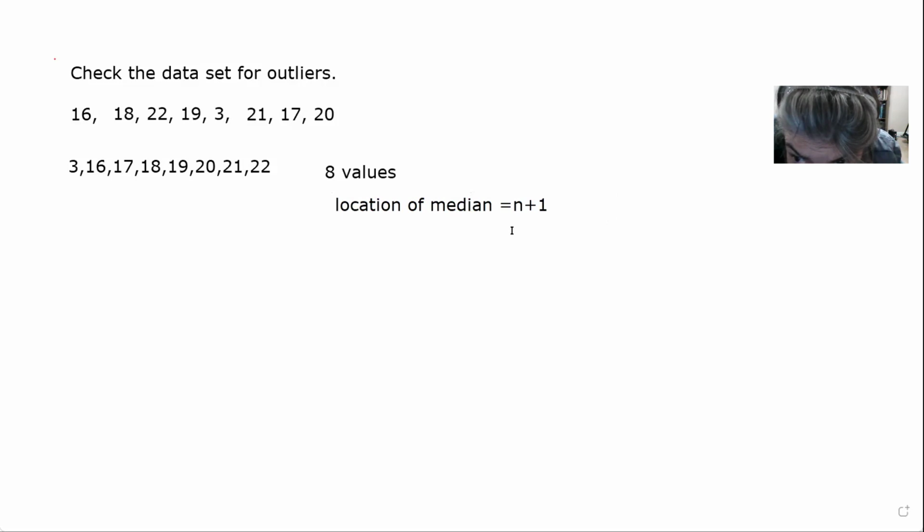And if it's two middle numbers, and I do have two middle numbers here, then I have n over 2 as well, right? So I've got 8 over 2, which is 4. So this first middle number would be 18, and this other middle number is 19.